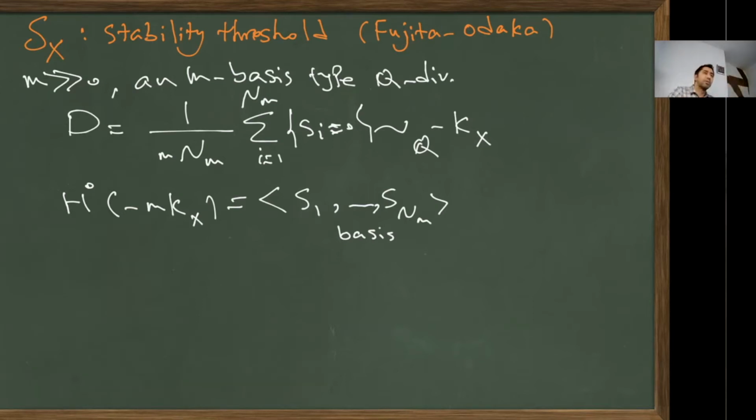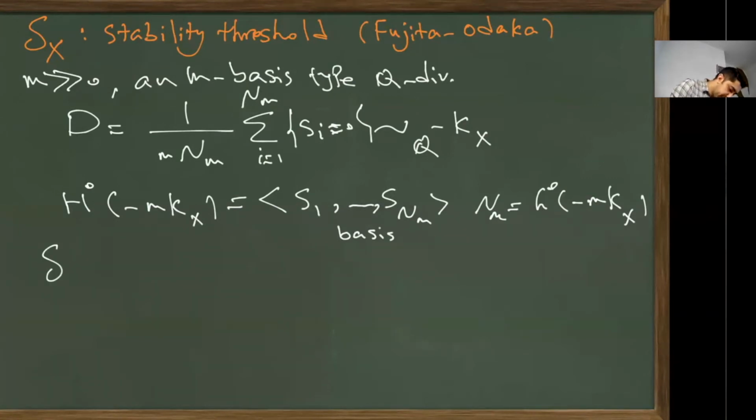You take the average. And obviously N_m is just h^0. Right, so this is how you define an m-basis type Q-divisor.